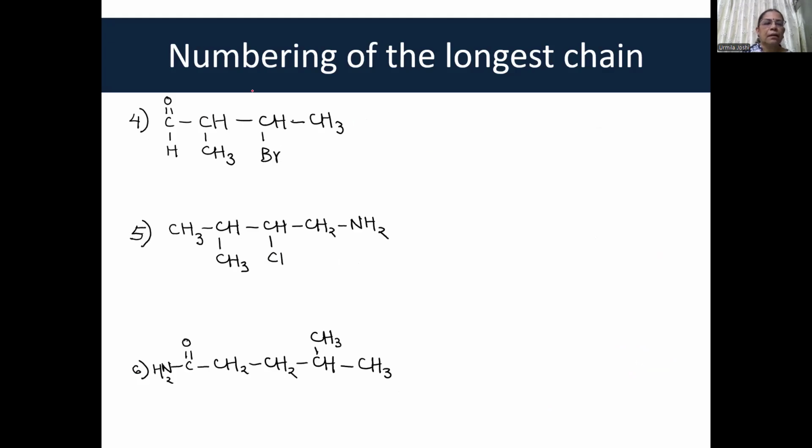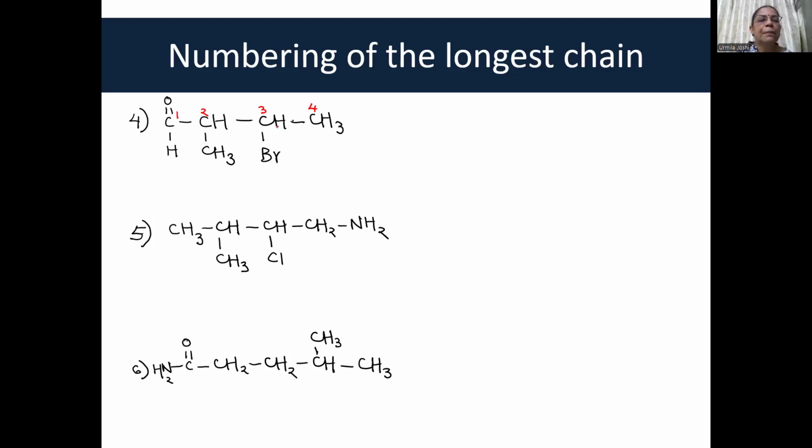Next, this is an aldehyde and there is a bromine, there is a methyl group. So, 1, 2, the major functional group is aldehyde, so it should get the lowest possible number, and identify the longest chain. So, what happens? This is butanal. At 2 position, there is methyl and at 3 position, there is bromo.